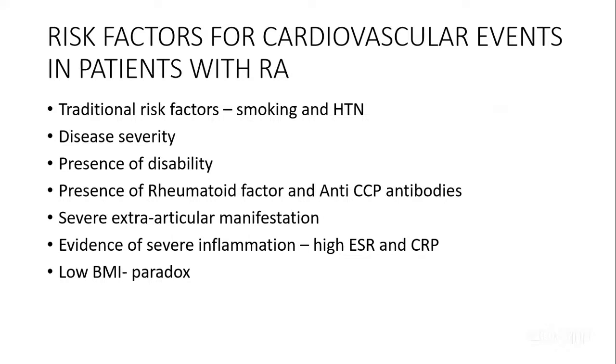So when the patient has high ESR, high CRP, you should know that the patient has a very high level of inflammation going on, and that patient is one you should be on the lookout for, for development of coronary artery disease and other cardiovascular complications.